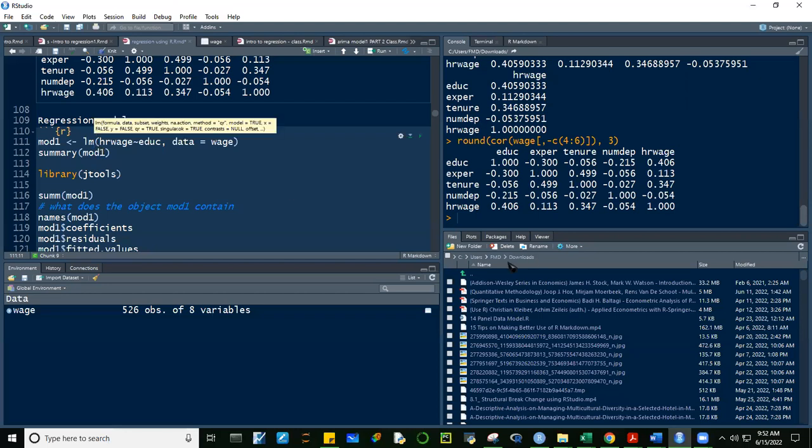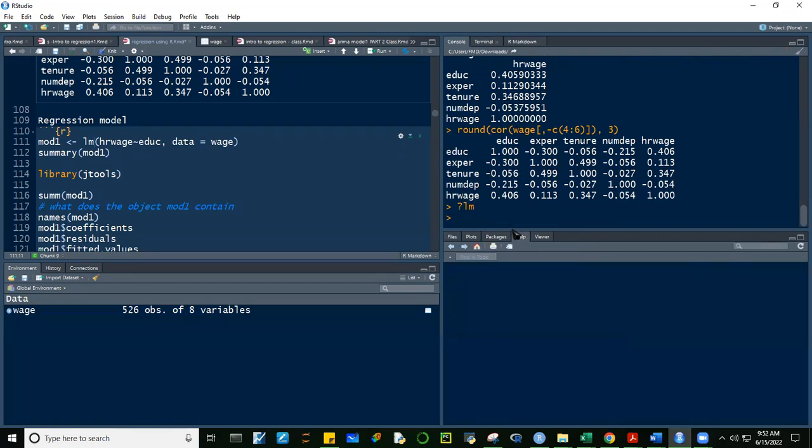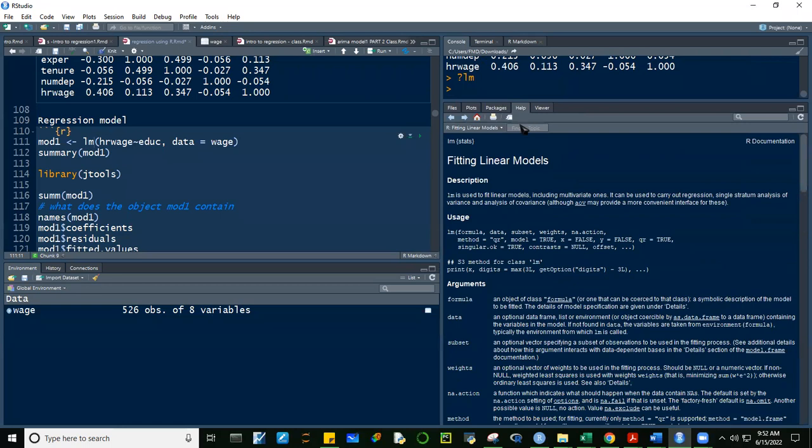Yung LM function, guys, tingnan muna natin, question mark LM. It always pays to get the help function. So this is from the stats package, and there was no need for us to load this kasi kasama na siya sa base R. Okay, LM is used to fit linear models, guys, including multivariate ones.